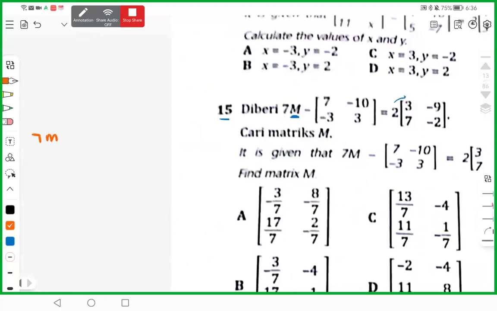Okay, you can rewrite. Move this is like the normal mathematics. Move to the back, then it becomes plus the whole matrix, right? Plus the whole matrix. So equal to times in belakang 6, negative 18, 14, negative 4, then plus the whole matrix. 7, negative 10, negative 3, then 3.